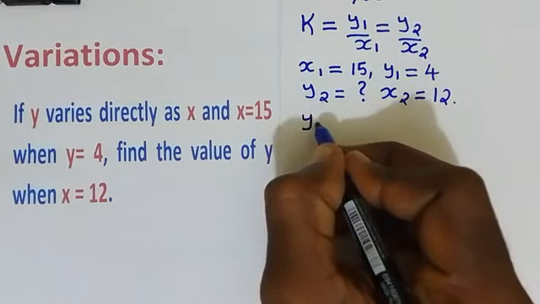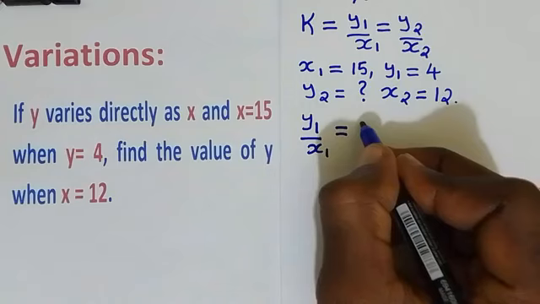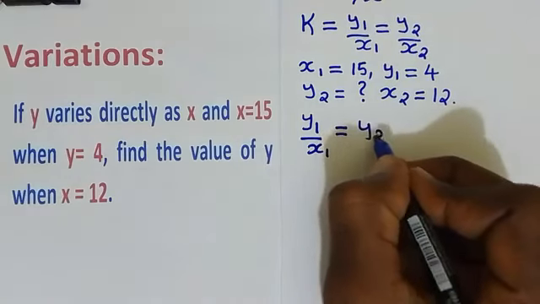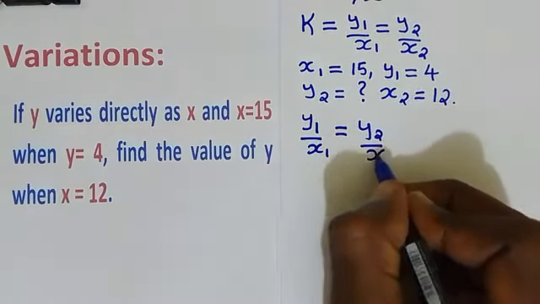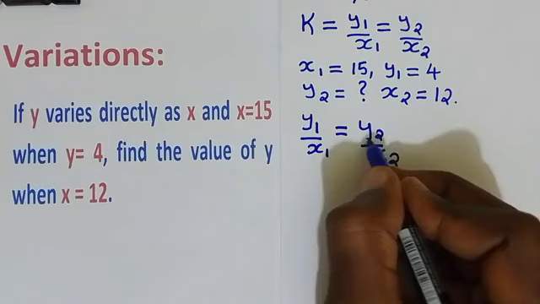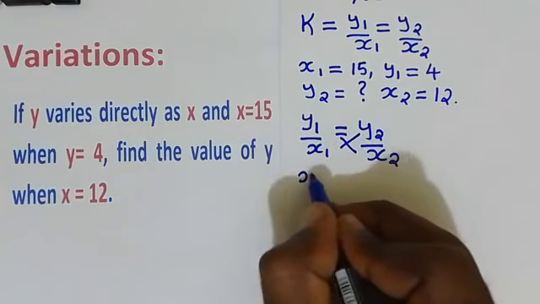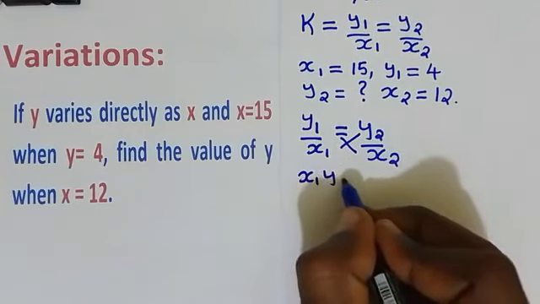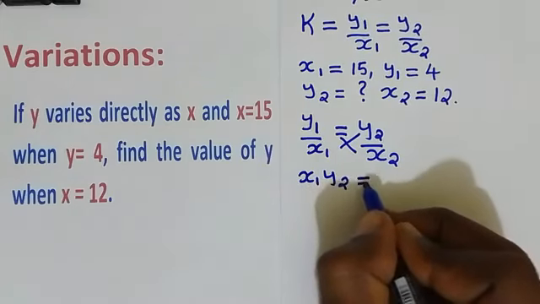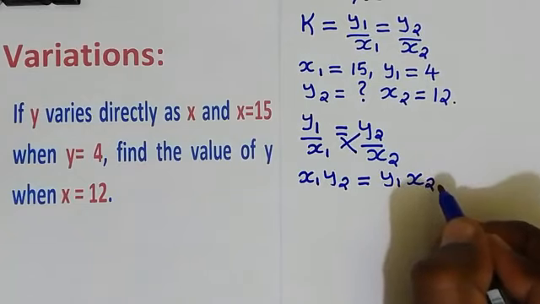So y1 over x1 is equal to y2 over x2. We need y2, so we are going to make y2 the subject. We'll cross multiply: x1 y2 is equal to y1 x2.